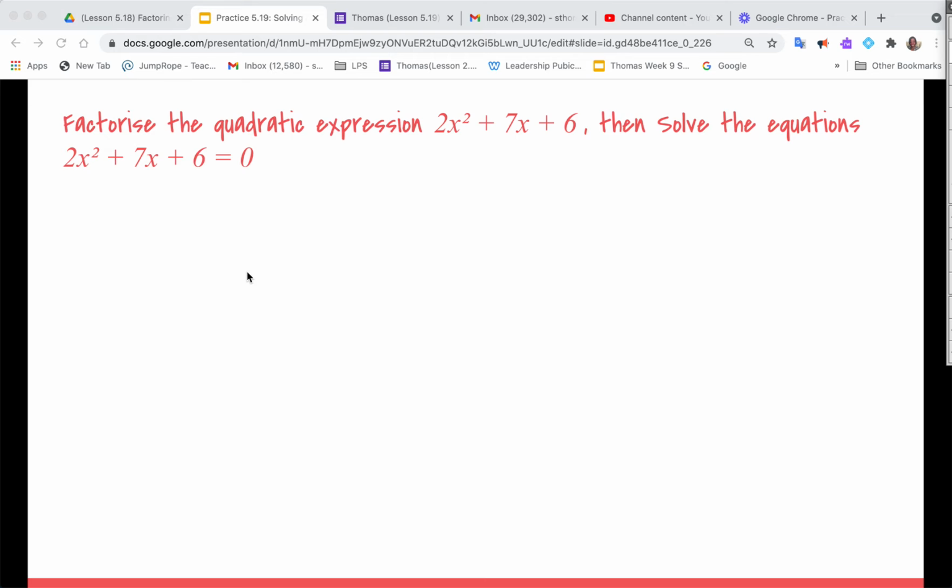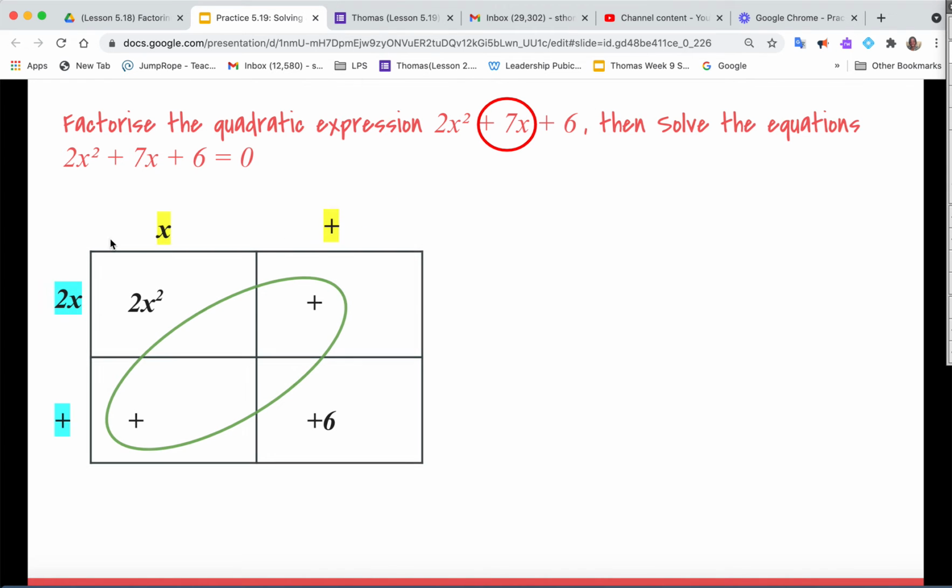And so when we set up our box, we know that in the first segment of our box, we're going to have 2x squared, and in order for us to get 2x squared, it means that we're multiplying x by 2x. The other thing that we know to be true is that in the last box is where we can put our positive 6.